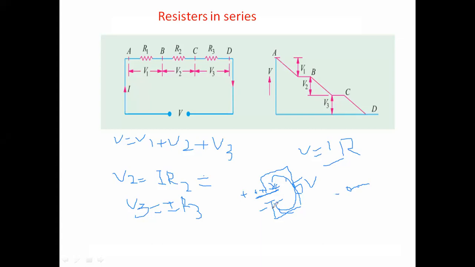When this battery is connected, the electrons try to move towards the positive side, and due to that, the current starts flowing. Current is nothing but the flow of electrons, and voltage is nothing but the difference of two potentials. I think you got the answer.